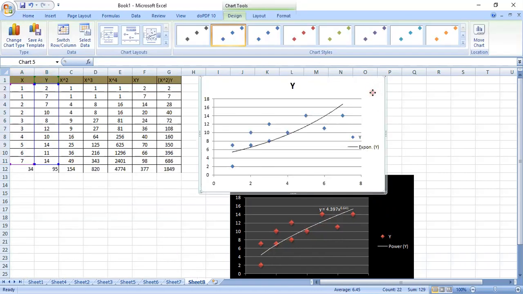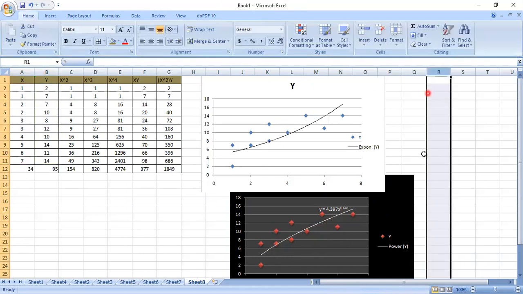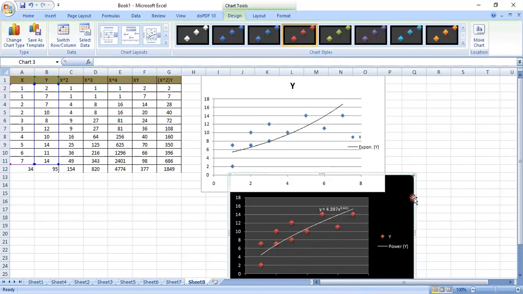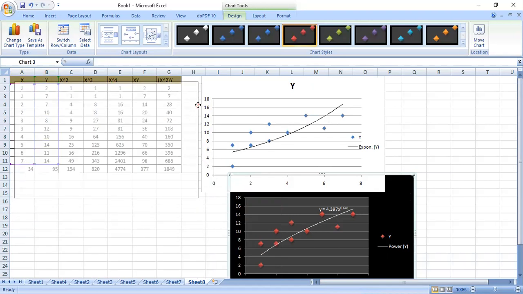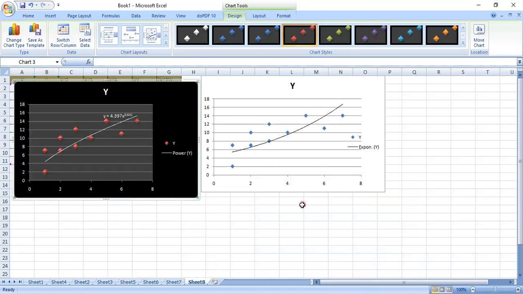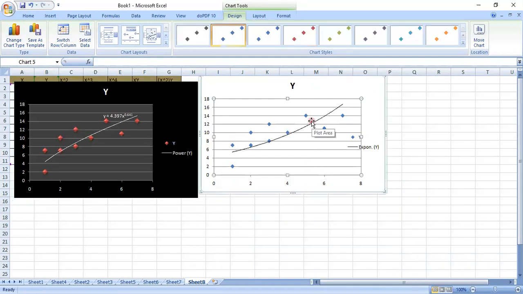Now, if I want to compare the exponential curve and power curve together, let us try to analyze which one is the best fit. So in my opinion, and I think your opinion will be also like that, this exponential fitting is pretty much better than the power curve fitting, because just look at the position of the points with respect to the curve in this diagram, and the occurrence of the points with respect to the curve in this diagram.